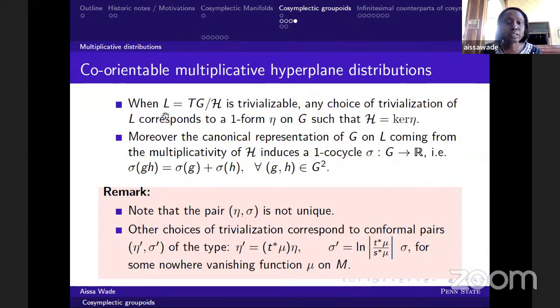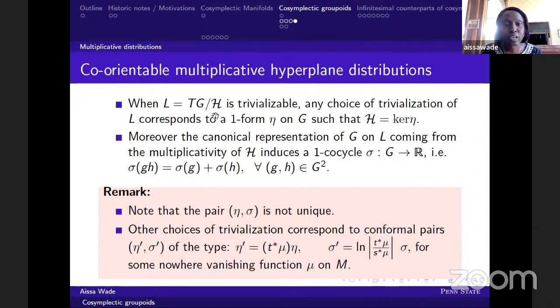Now, when L is trivializable, meaning that there is a one form corresponding to H, then we can look at the representation coming from a one-cocycle.